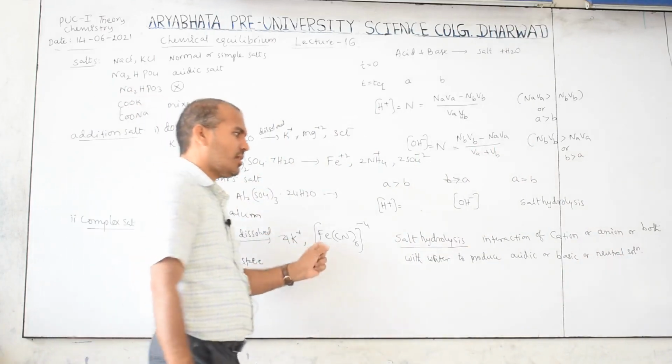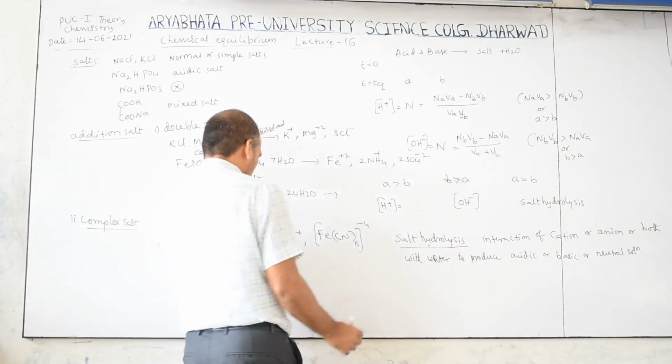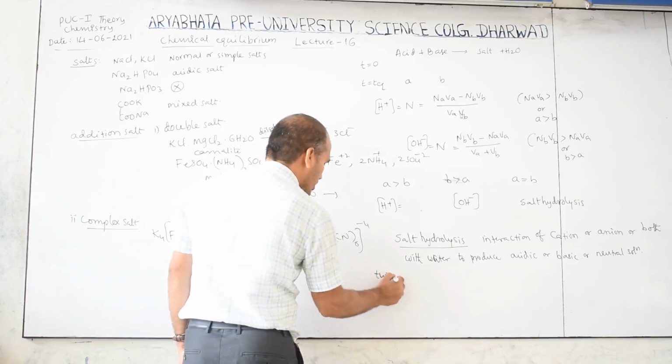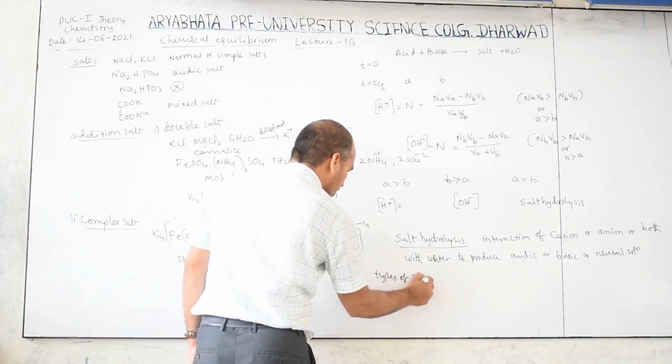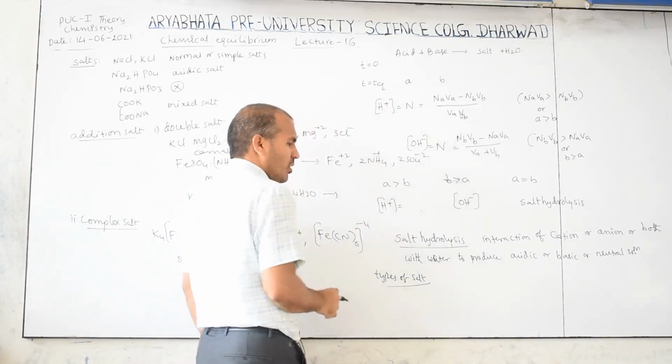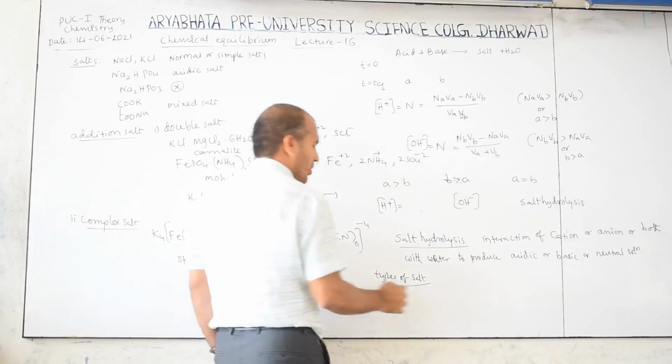Based on this, we can divide salts into types. What are the types of salt? We have acid and base, so the salt will be formed based on them.